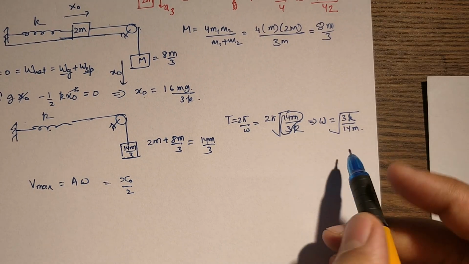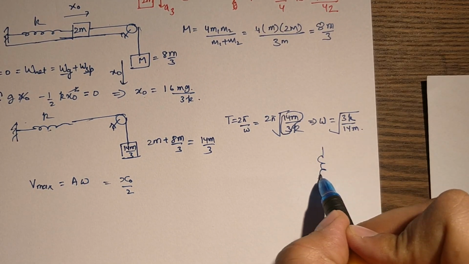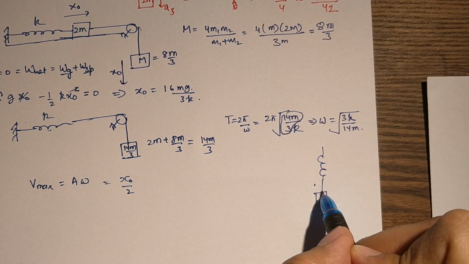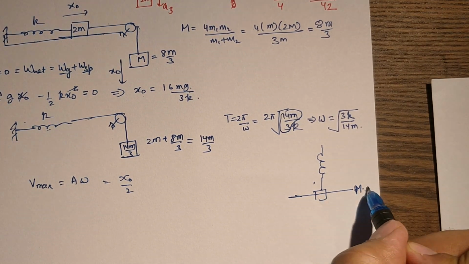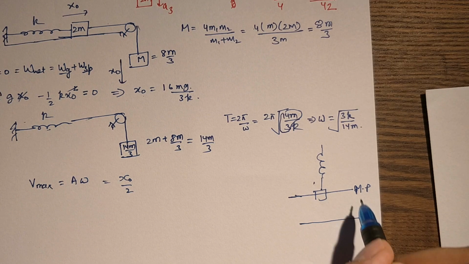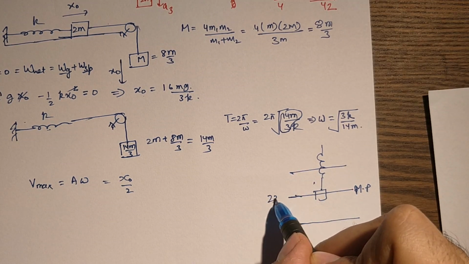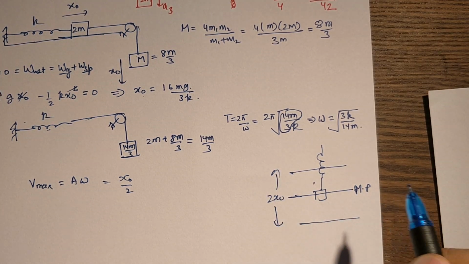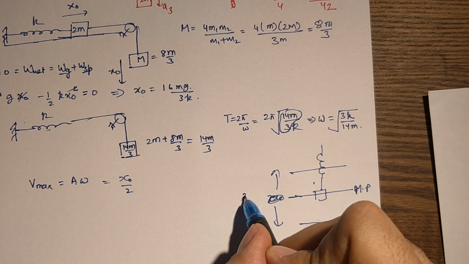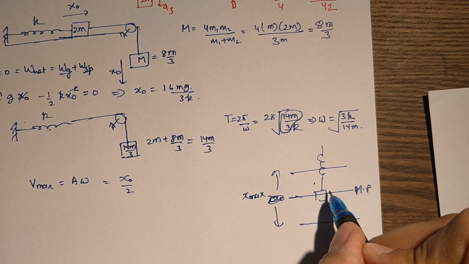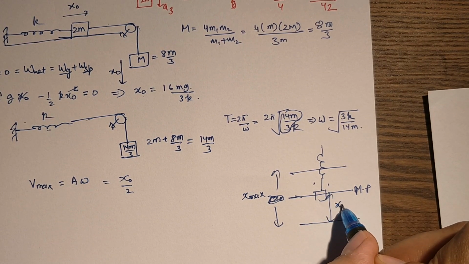We can easily understand this like this. In a simple spring block system, if this is the mean position and this is the maximum elongation, which I'm writing as x max, then this distance is nothing but x max by 2.